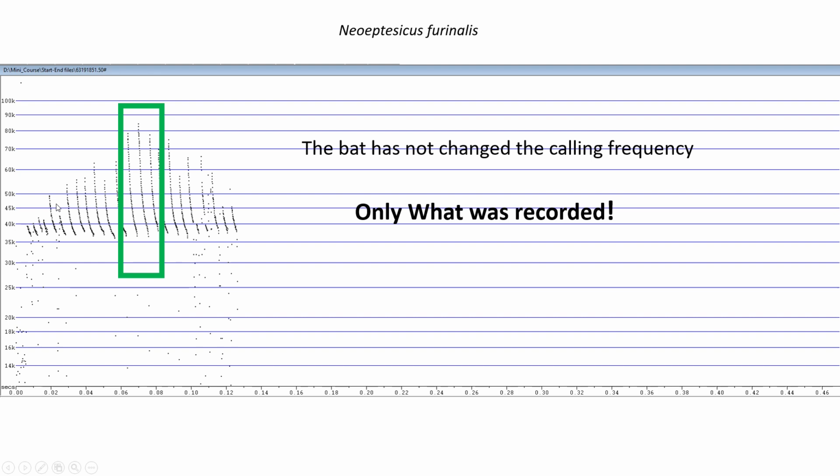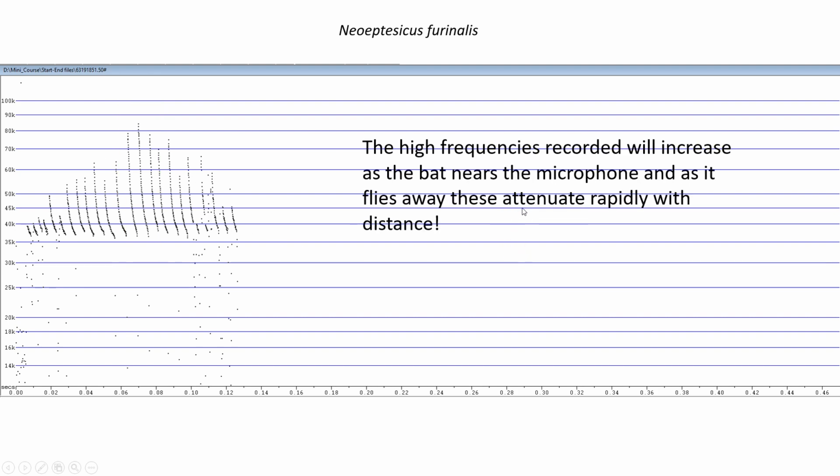What we recorded was this. The high frequencies recorded will increase as the bat nears the microphone, and as it flies away, the high frequencies attenuate rapidly with distance. The bat continues calling in this range, and what we're seeing here is only what we're recording related to the physics of sound, with high frequencies attenuating and not being picked up from any distance.